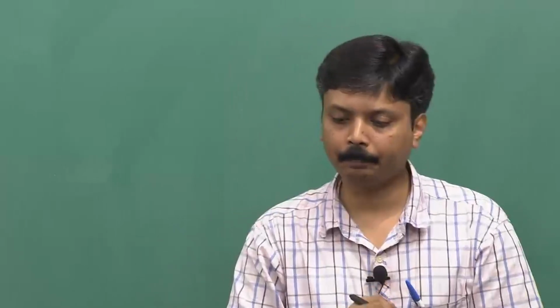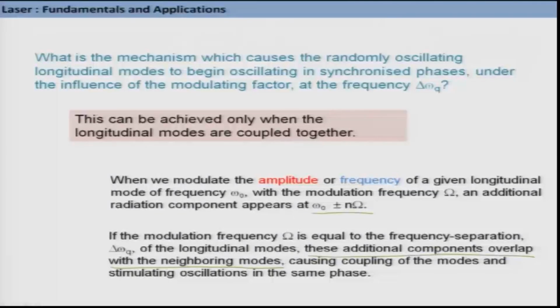Now, when these side bands, or so called additional components, overlap with the neighboring modes, they cause the coupling of modes and stimulate oscillation in the same phase. This needs to be understood very clearly.